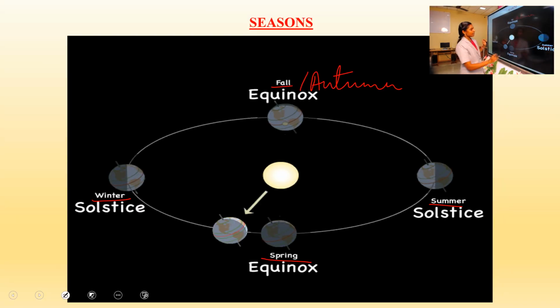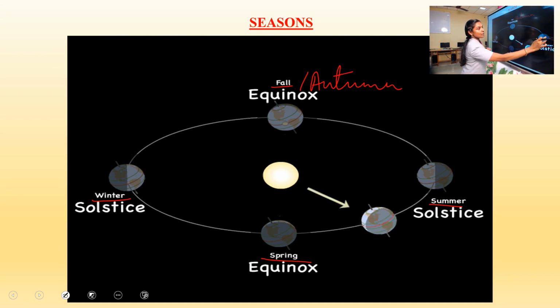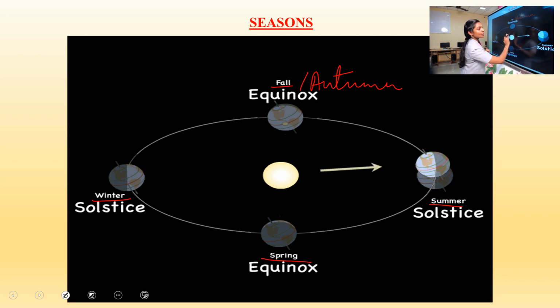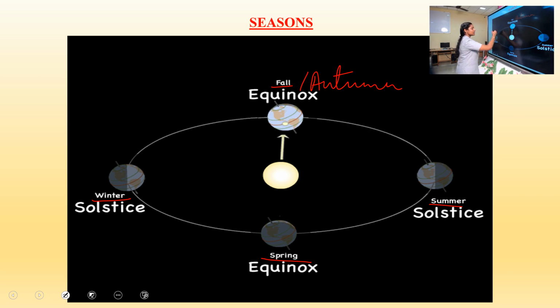See, here you can see the revolution of the earth. This is the position when the northern hemisphere is tilted towards the sun, so we have summer. Then after six months, this is the position of the earth in the elliptical path. Here the southern hemisphere is facing the sun and will have summer season, whereas the northern hemisphere, which is turned away from the sun, will have winter.